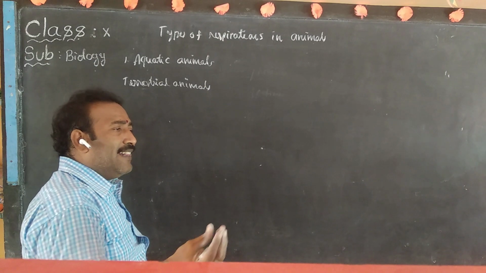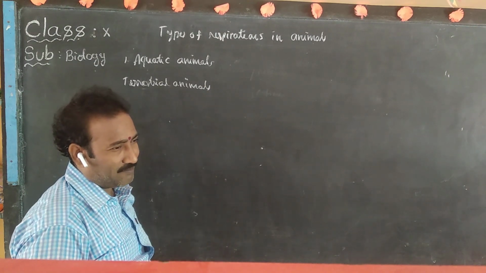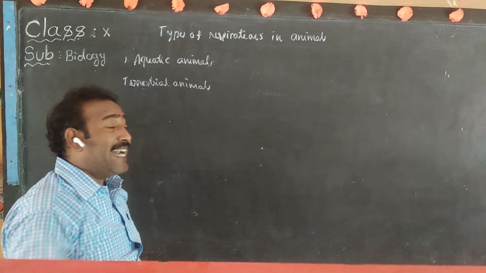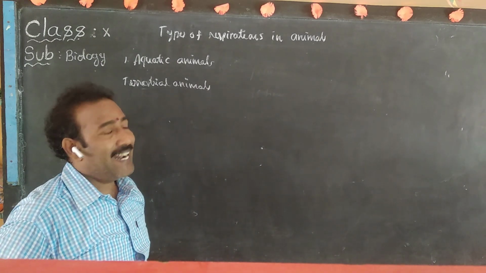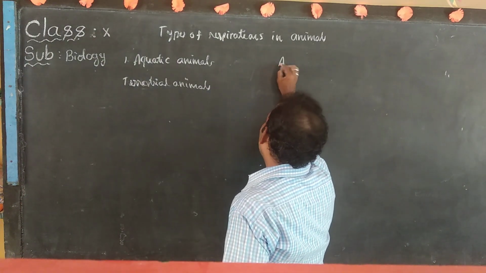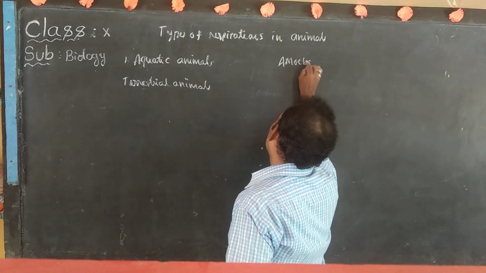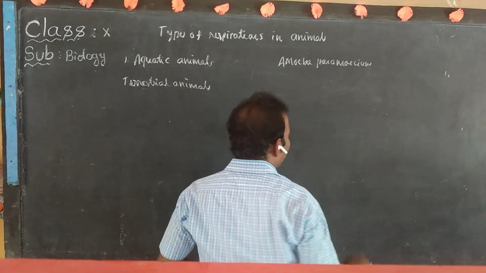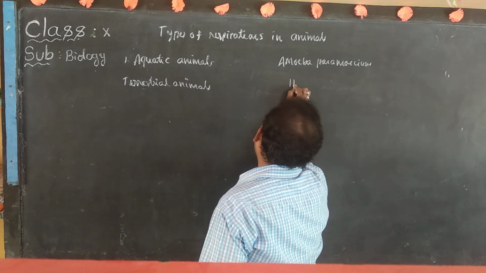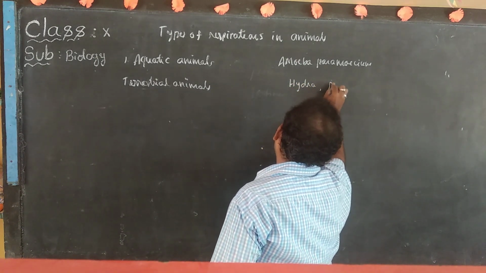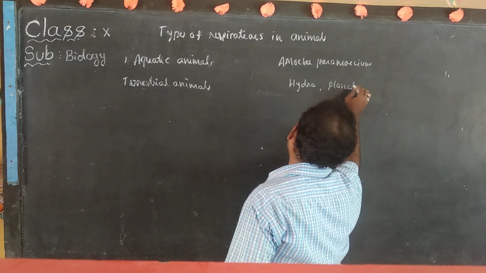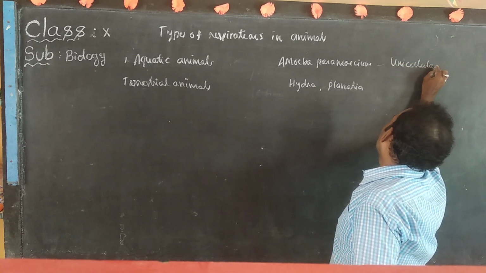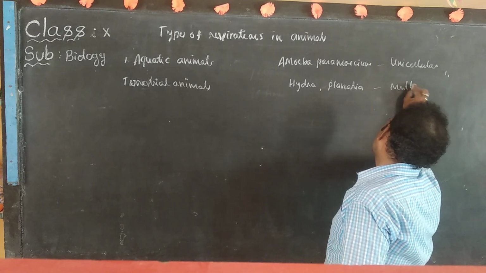Generally, in the poorly developed animals, like unicellular animals such as amoeba, paramecium, all the protozoans, and even some multicellular animals like hydra, planaria, platyhelminthes. These are unicellular animals and these are multicellular animals.